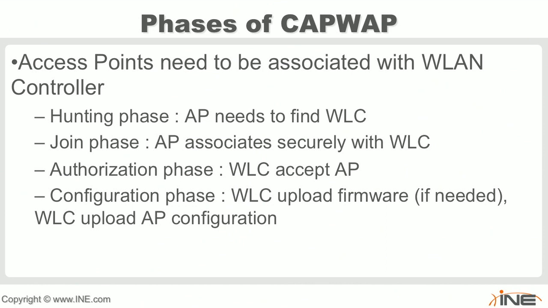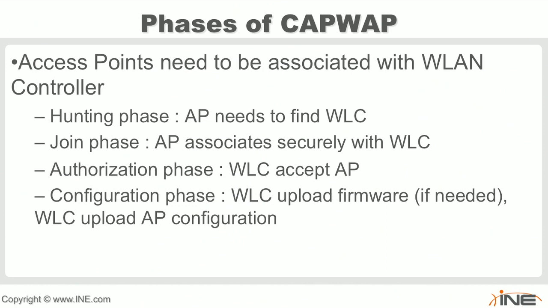We're going to get into the wireless control system, an even higher level of redundancy and hierarchy, a little bit later. But first, we want to take a much deeper look at the wireless LAN controller and the access point becoming associated with and controlled by that wireless LAN controller, or WLC.